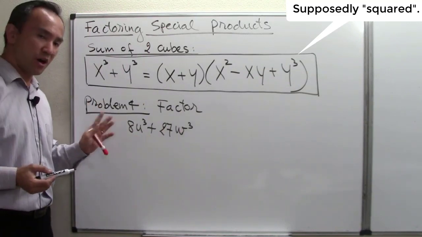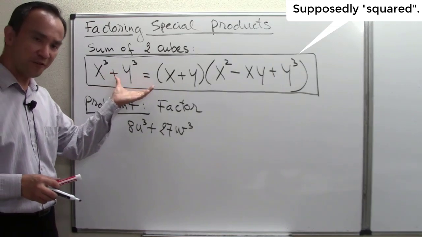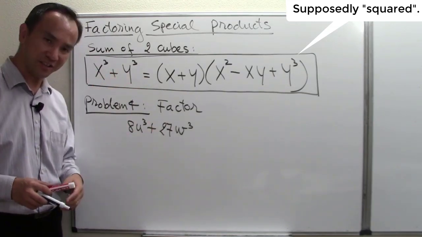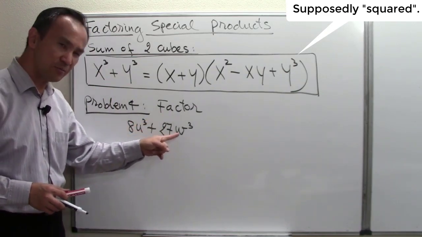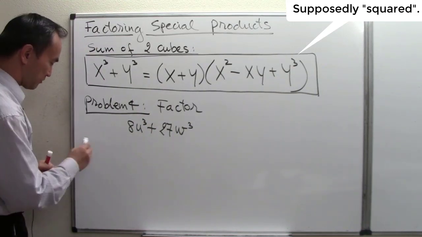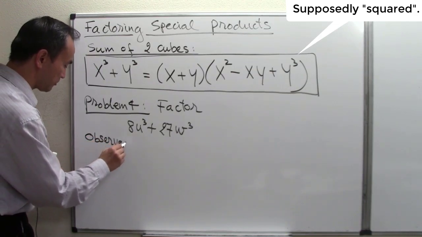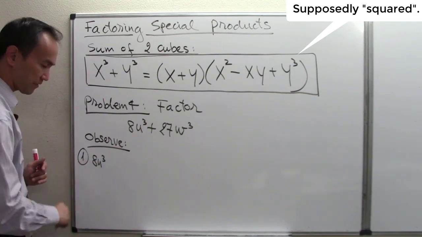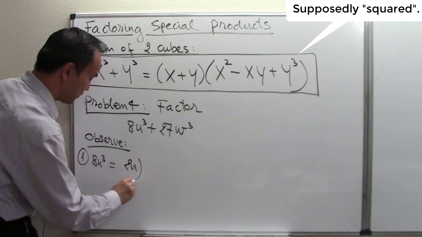Let's look at this problem so that we can see how to apply our formula for factoring a sum of two cubes. Here we want to factor 8u cubed plus 27w cubed. By observation, I can see that 8u cubed can be understood as 2u all cubed.